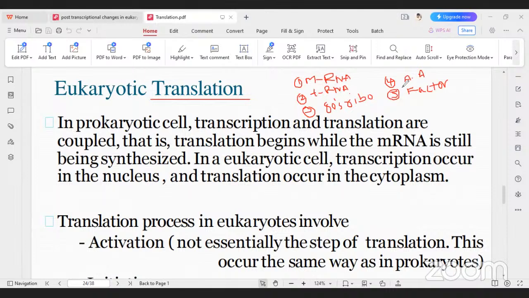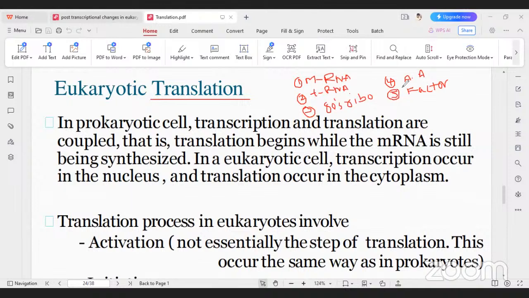Sir, initiation, elongation, and termination. All are right, but tell me in order. First initiation, second elongation, third termination. The same for translation: first initiation, second elongation, third chain termination.